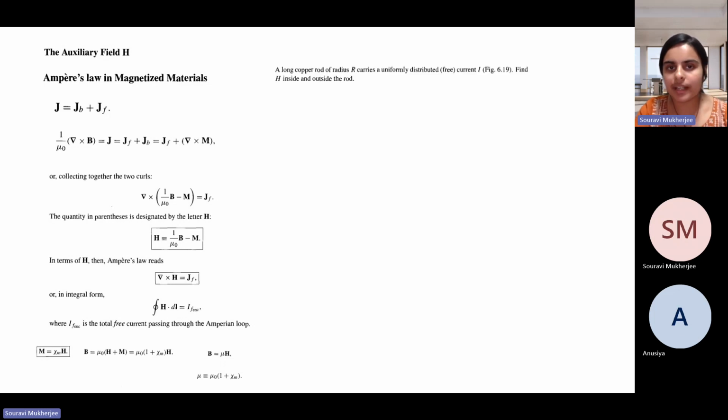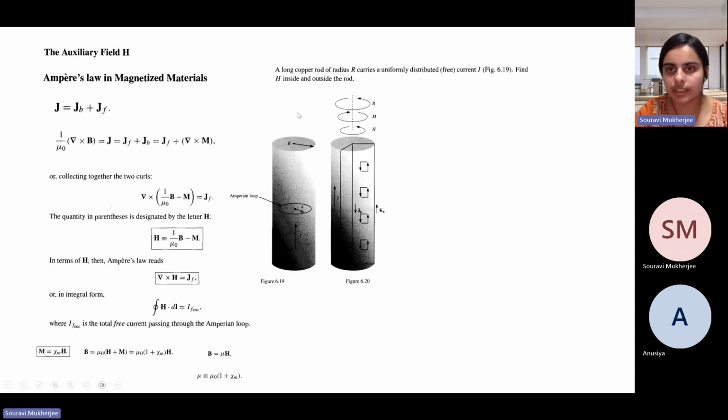Okay. So if you have some long copper rod of radius R, which has uniformly distributed current, as we just saw, here your externally applied current is specified, right?